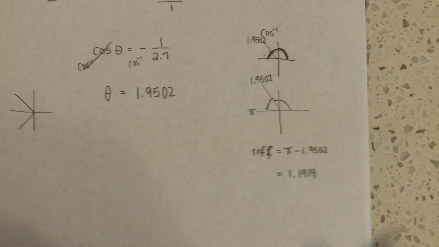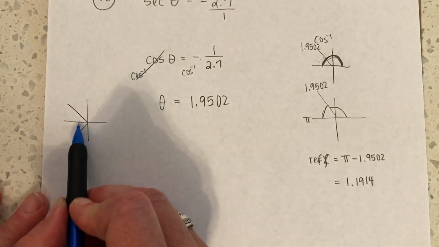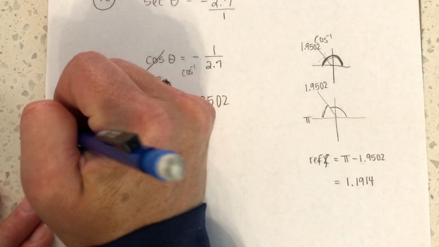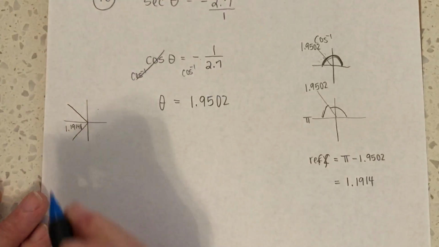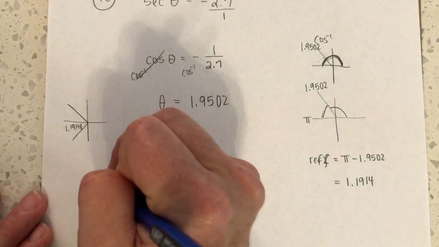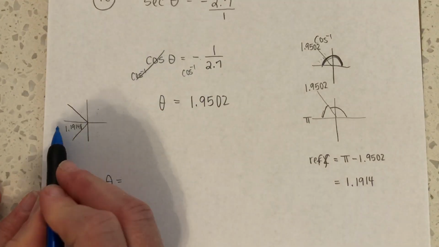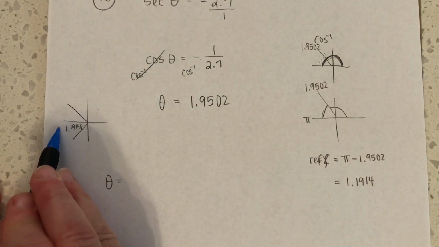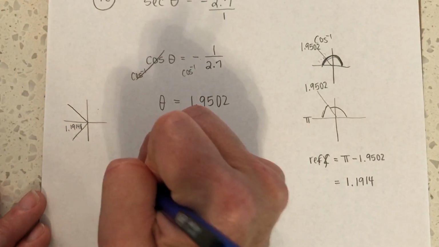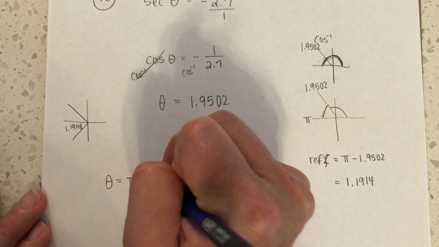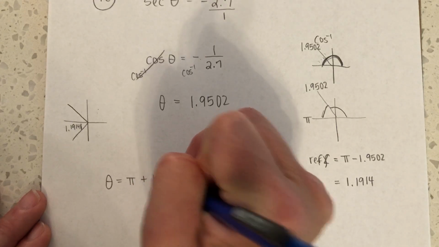Now to find quadrant 3's answer, it also has to have a reference angle of 1.1914. So to find your quadrant 3 angle, there's pi, and you have to go 1.1914 radians past it. So what's pi plus your reference angle, 1.1914?